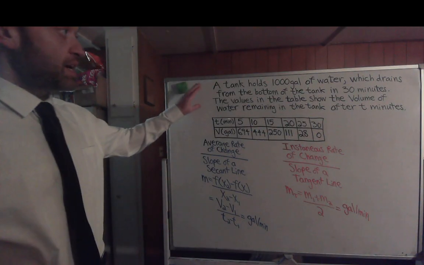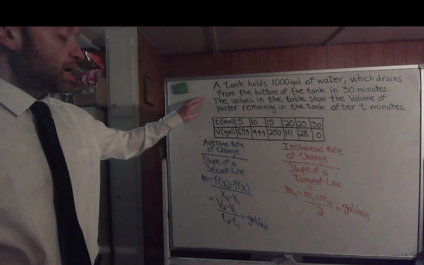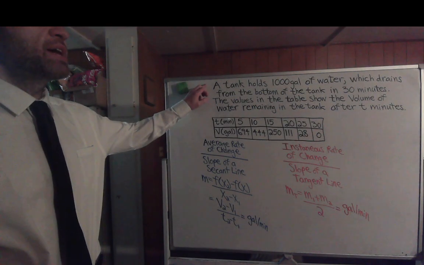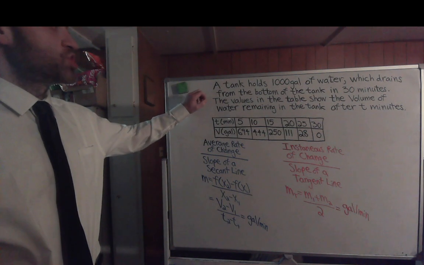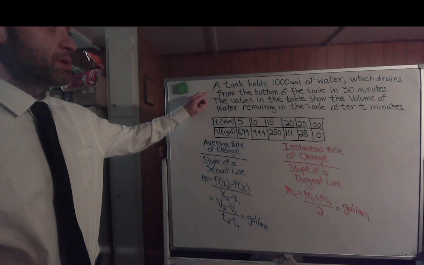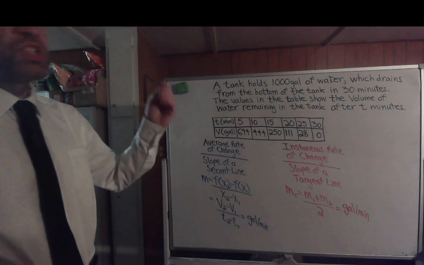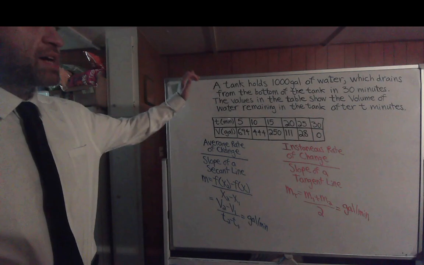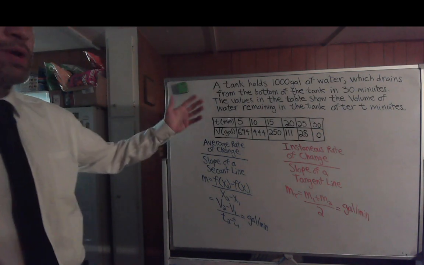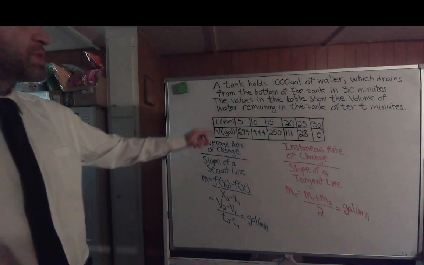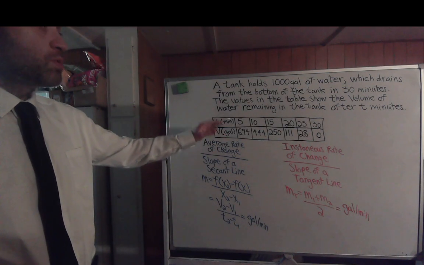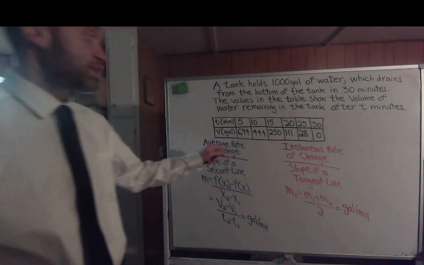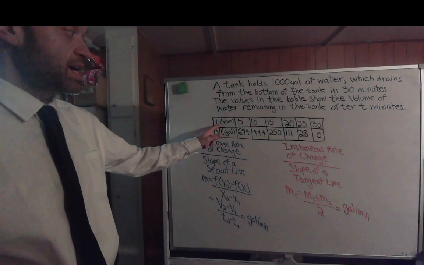So let's say a tank holds 1,000 gallons of water, which drains from the bottom of the tank in 30 minutes. It started with 1,000 gallons of water at 0 minutes. By the time you hit 30 minutes, there's 0 gallons left. These values in the table here show the volume of water remaining in the tank after so many minutes, the volume denoted by V, the time t.